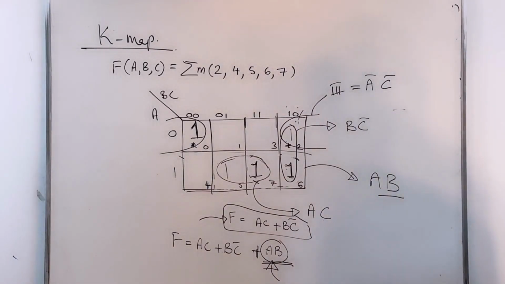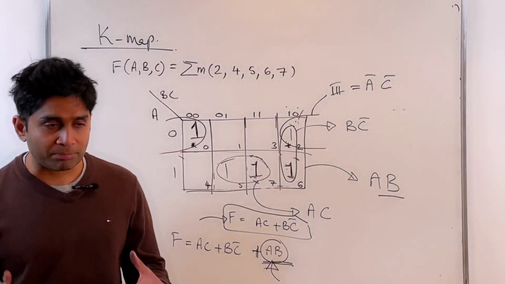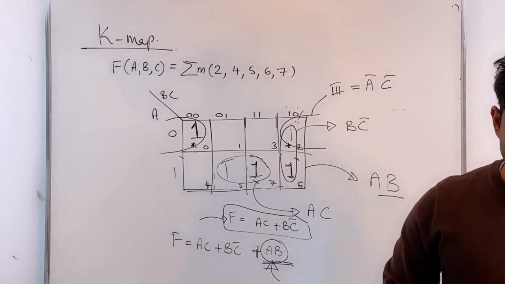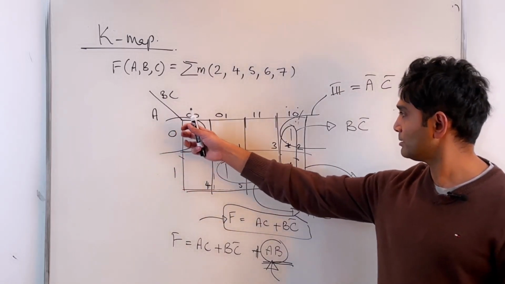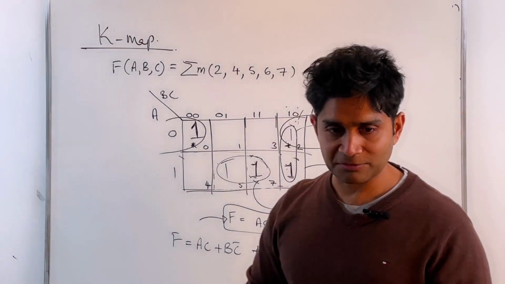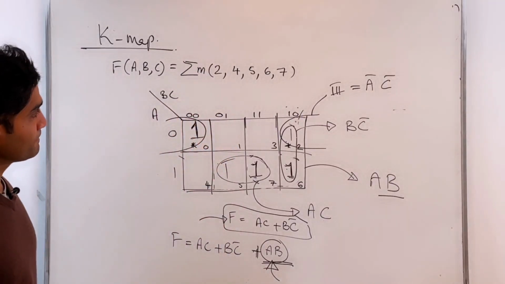So yes, another important thing is those cells need not be physically adjacent to each other to satisfy the rule of adjacency. In this example, we can see that this cell and this cell are not physically adjacent, but they still satisfy the rule of adjacency. So they're still adjacent to each other.